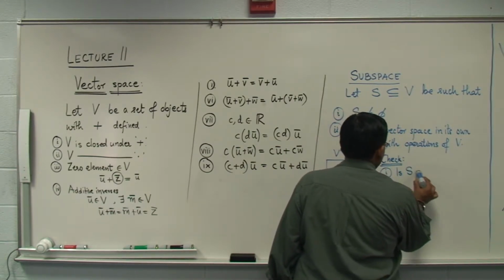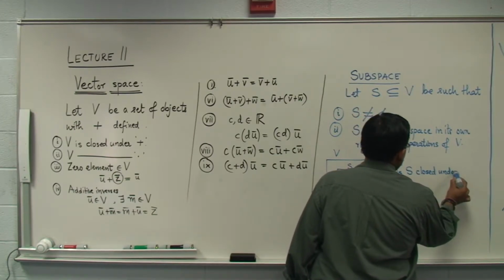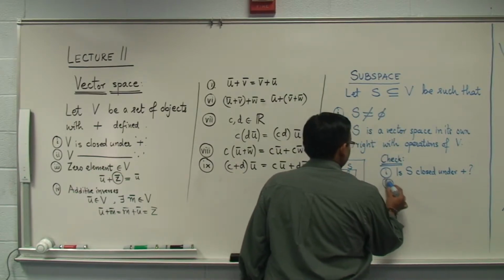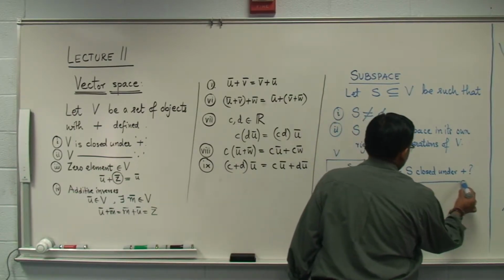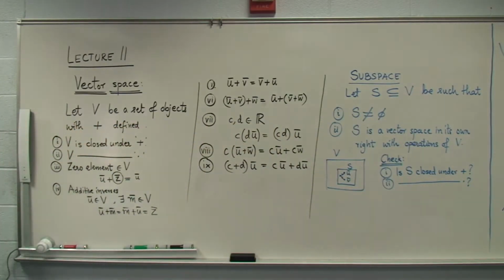Is S closed under addition? The second thing I'm going to check is, is S closed under scalar multiplication? Question is, are these two enough to guarantee me that it will behave like a vector space?